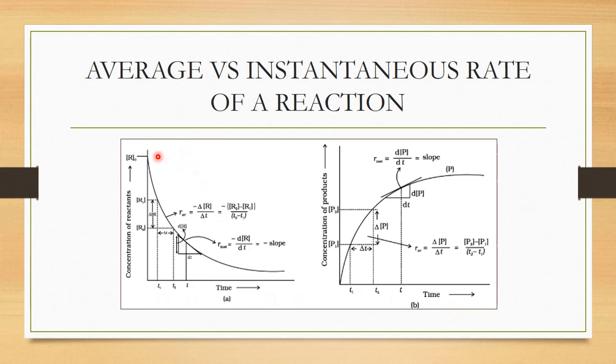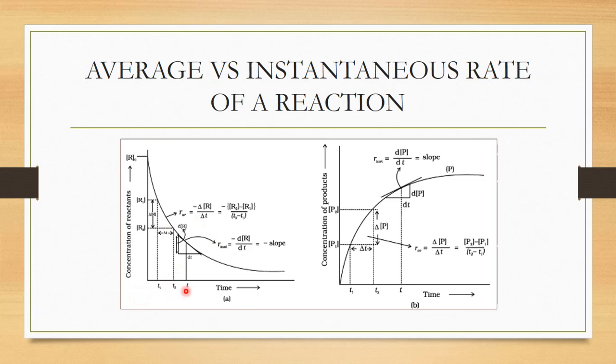You will find the curve of the reactant will be like this and that of product will be like this. You can see concentration of reactant is decreasing and that of product is increasing. Now from this graph, you can find both average speed as well as instantaneous speed.